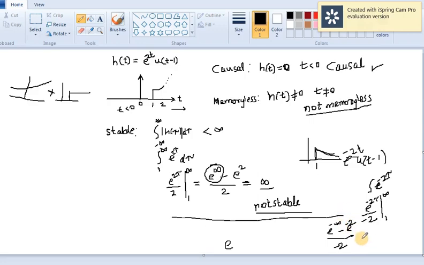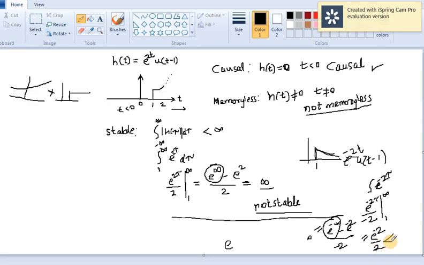We know that e raised to minus infinity is equal to 0, so this value becomes e raised to minus 2 divided by 2.